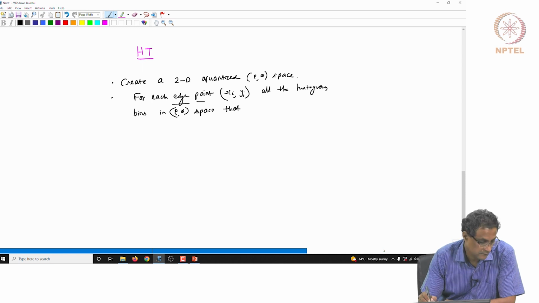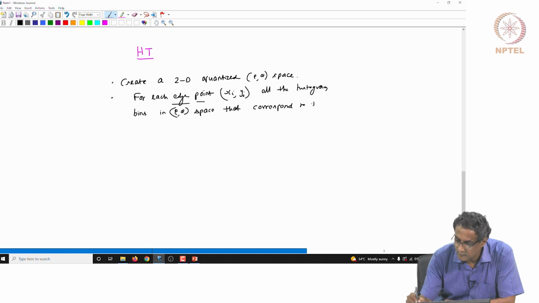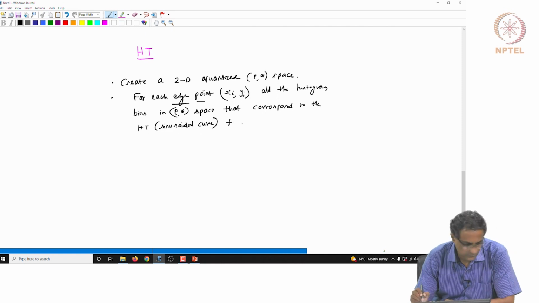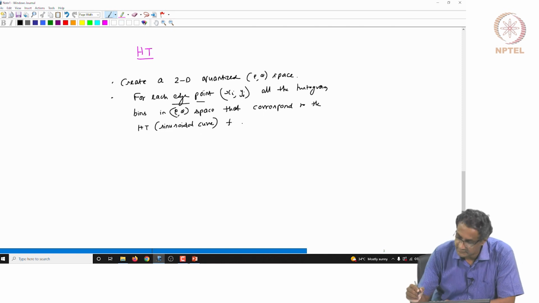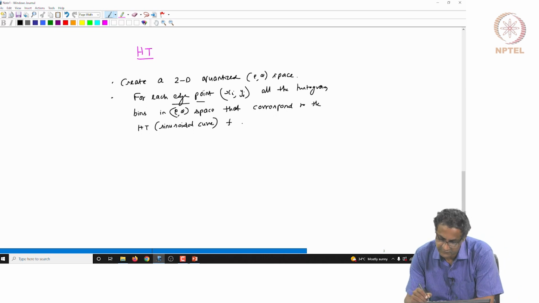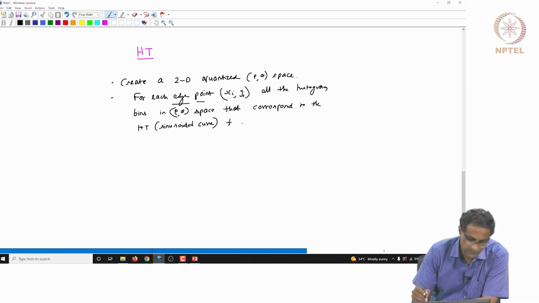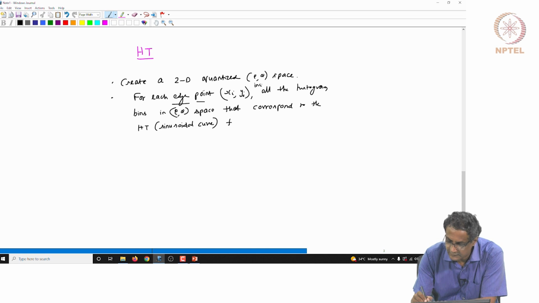For each edge point x_i, y_j, increment, there should be a word increment here and that's missing.